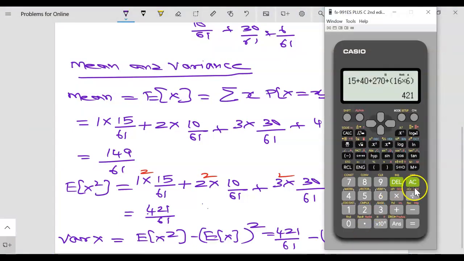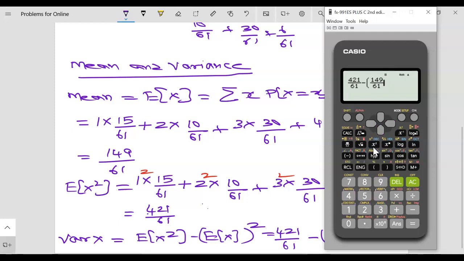So let me use it. What I will do here is 421 divided by 61 minus, where I have 149 divided by 61.